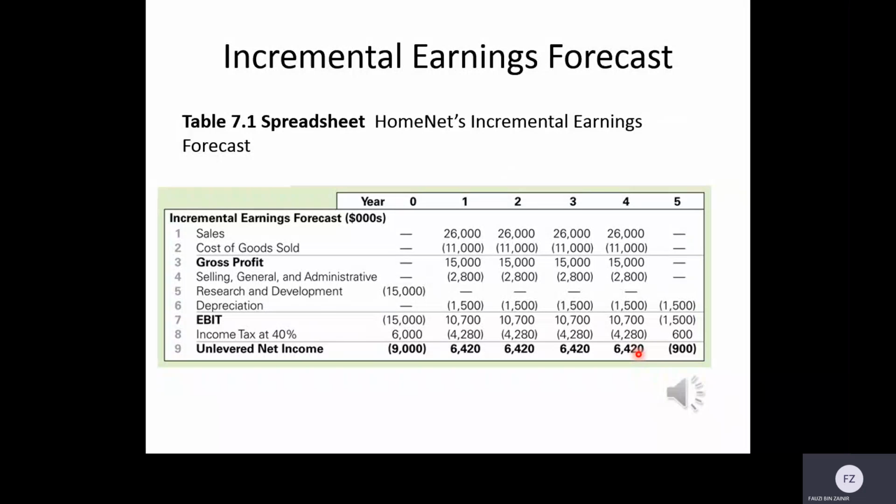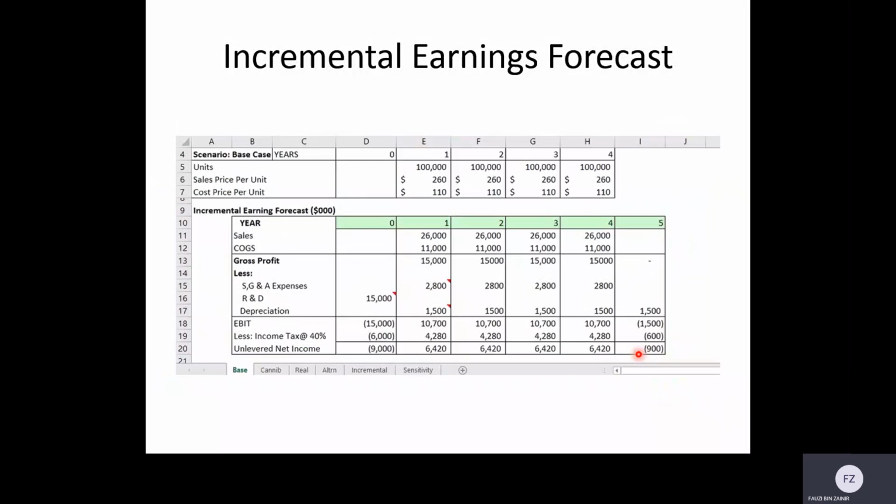It's a snapshot of the Excel spreadsheet that will be attached, and it will be located at tab name base. If you look at this spreadsheet, it is similar to the previous one, except that I would like to show you how this works.